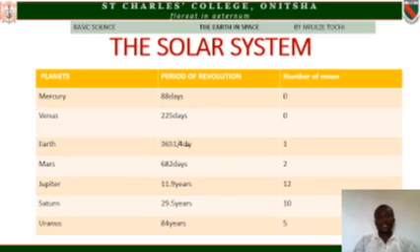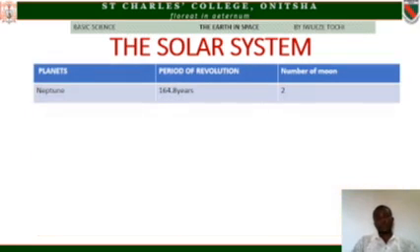Saturn, it used to take Saturn 29.5 years. And Saturn contains 10 moons. Uranus, it used to take Uranus 84 years. And Uranus contains 5 moons. Neptune, it used to take Neptune 164.8 years, and Neptune contained 2 moons.